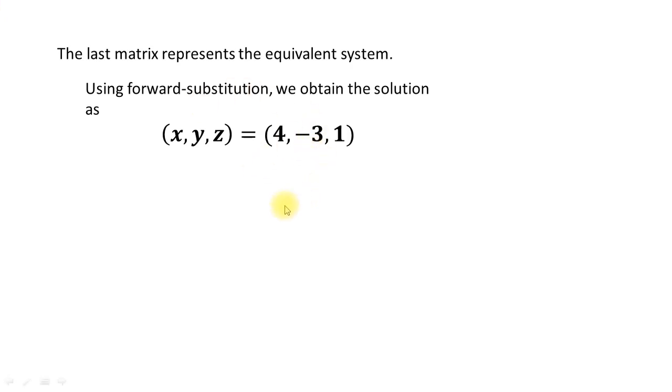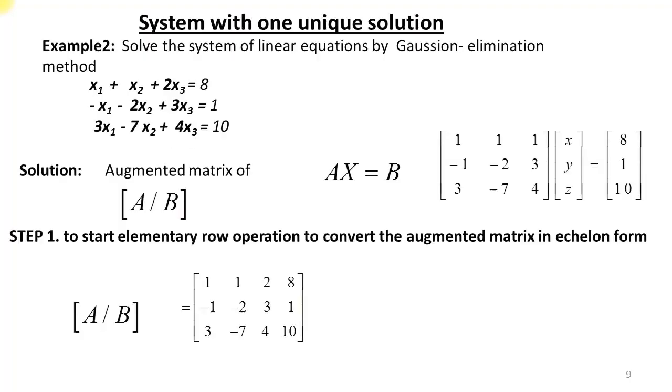We obtain the same result solving the system of linear equations by Gaussian elimination method or by Gauss-Jordan method, but there is one difference in the procedure. In Gaussian elimination method, we convert the augmented matrix into echelon form, but in Gauss-Jordan elimination method, we convert the augmented matrix into reduced echelon form.